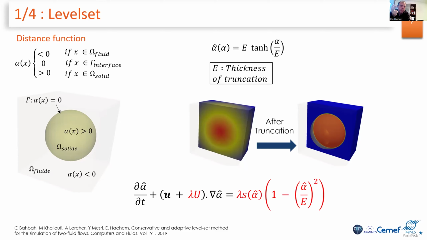So either you solve the Hamilton-Jacobi equation again, or we cast the reinitialization of the function directly into the transport equation. We have additional terms popping up. Rather than being a source term, they can be a reaction term, which increases the accuracy of the resolution of the transport equation.